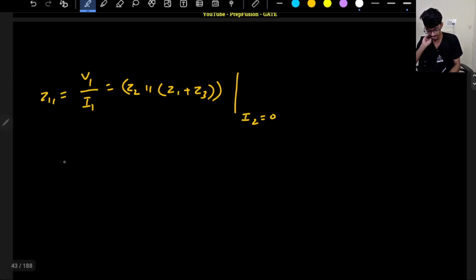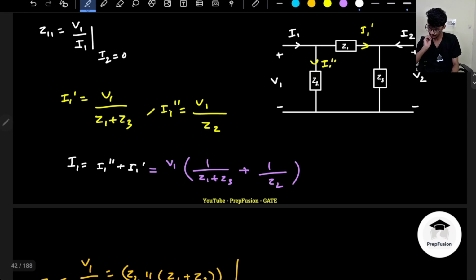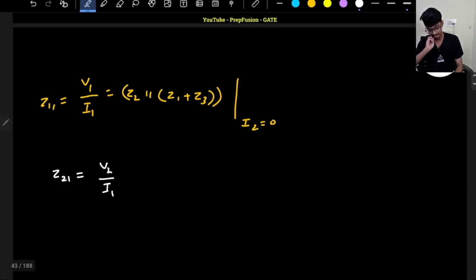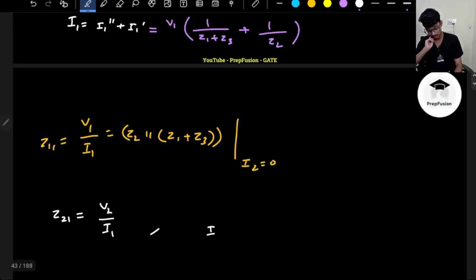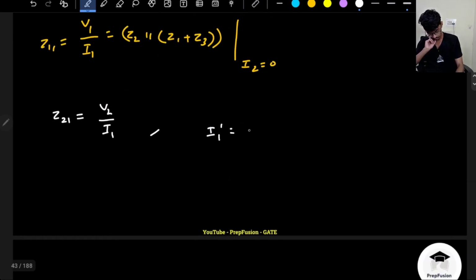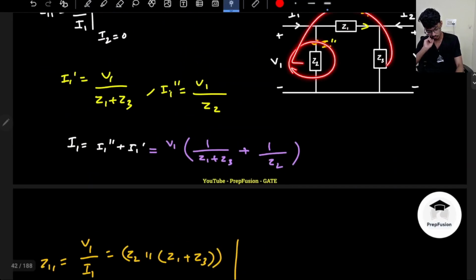Okay. What about the Z12? Or let's find out Z21. So Z21, for that you have to write down equations. Z21 is V2 upon I1, right? So let me apply the current division rule. Okay. So what is this current, I1 dash? If I apply the current division rule, I1 dash in terms of I1, it will be the opposite impedance upon the overall impedance.